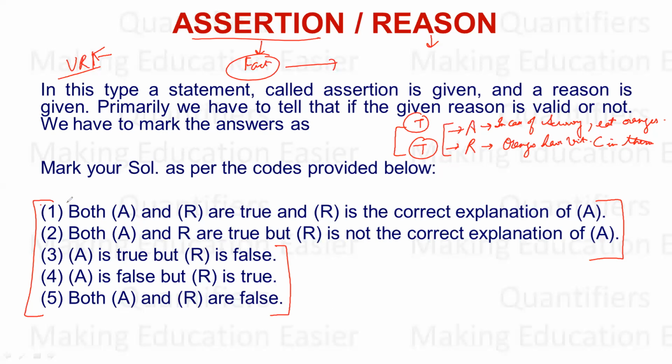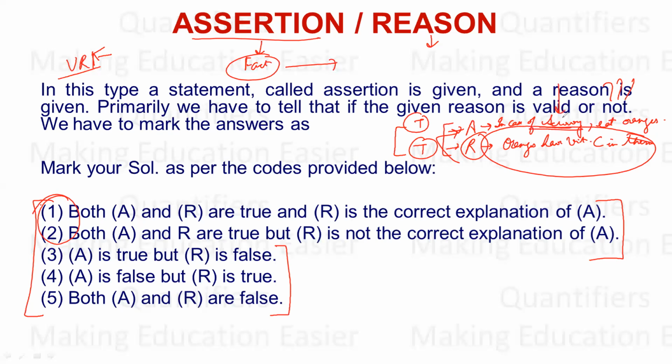Now let's look at options number 1 and 2. If both A and R are true, then what is the differentiation between option 1 and option number 2? It is whether R is the correct explanation of A. Okay. In case of scurvy, eat oranges. So why should you eat oranges? Is this the reason? What is scurvy?